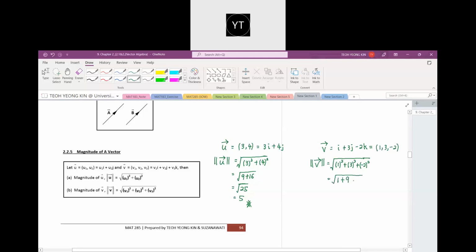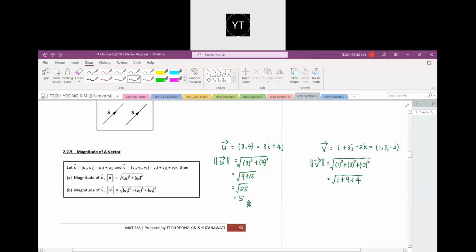Make sure that when you press the calculator, you put brackets. When squared, it becomes positive 4. Don't look at the plus, minus or negative. This is the common mistake made by students, when they see negative, here is minus, and they say it is negative. That is wrong. We must square first.